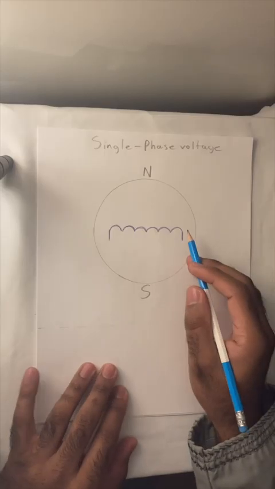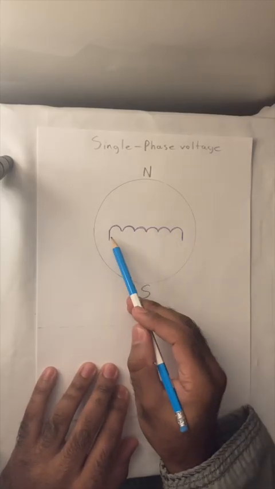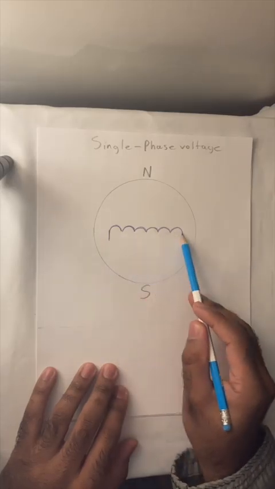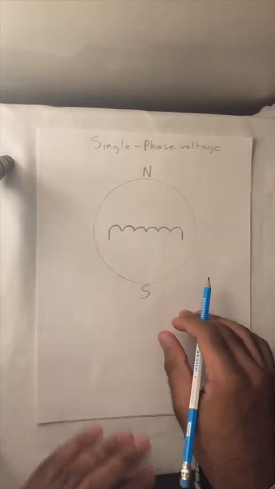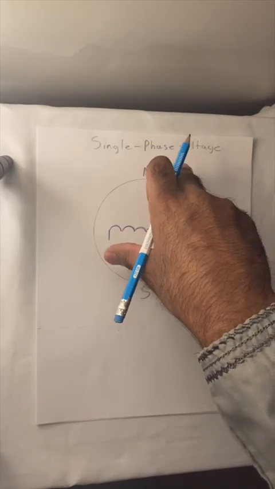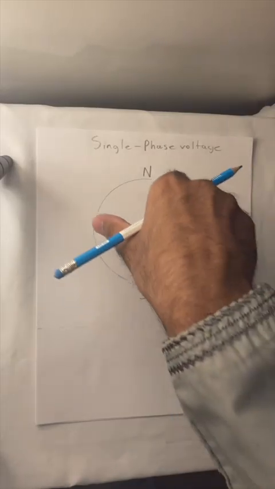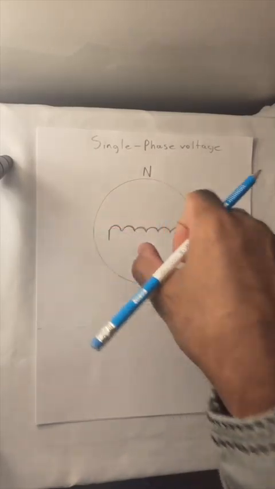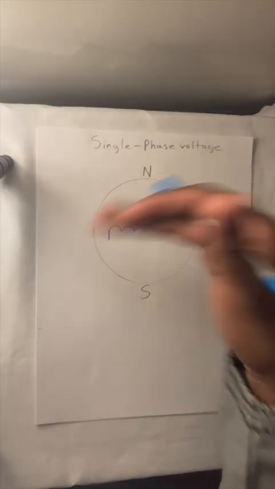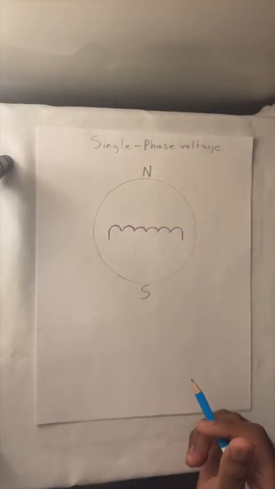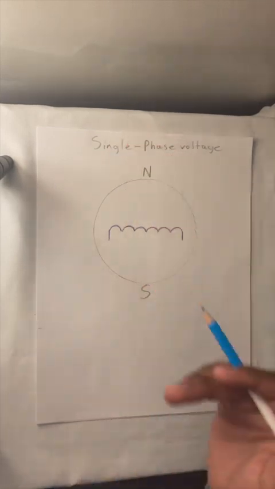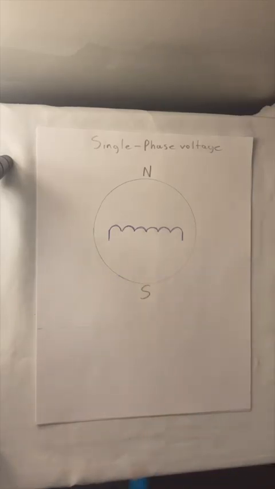So, if we consider, as we mentioned previously, this would be our winding. This is a single phase. And we know that for an EMF to be generated, by the basic principle, there being a conductor cutting a field, or it could be the other way around, there has to be a relative movement between a field and a conductor.